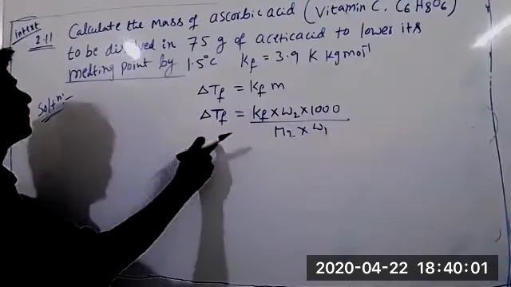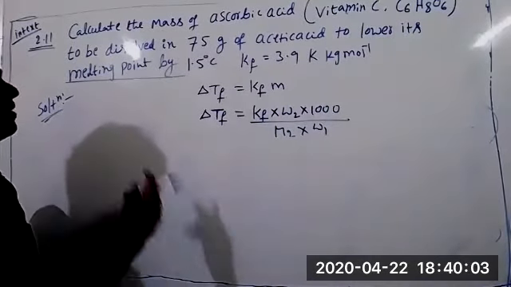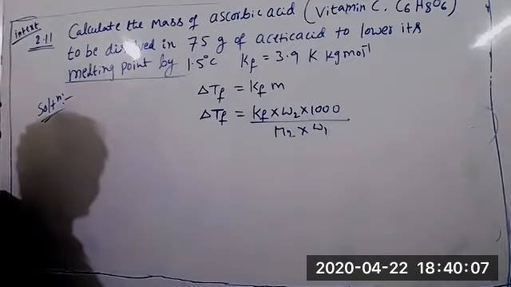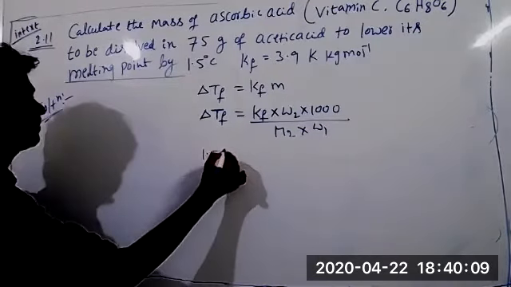Now, Banu, what is the delta Tf value? 1.5 degrees Celsius.